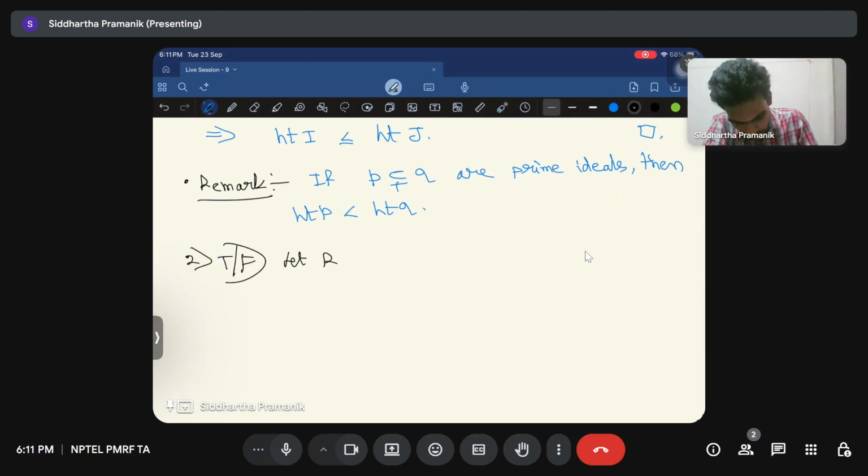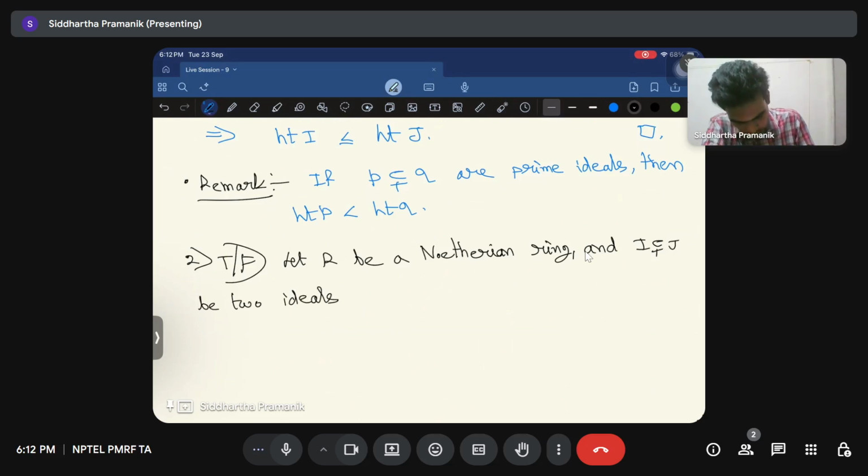So let R be a Noetherian ring and I is proper subset of J be two ideals of R. Then height of I is strictly less than height of J. So it is true or false.